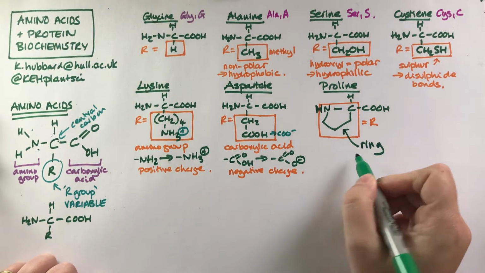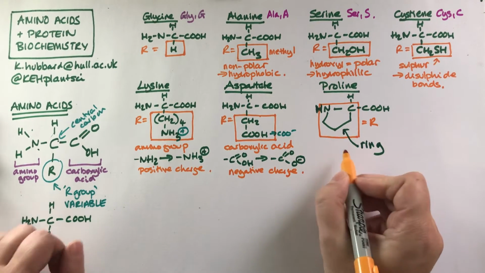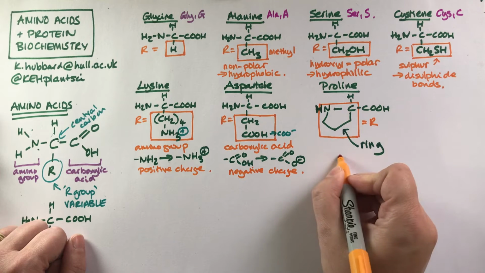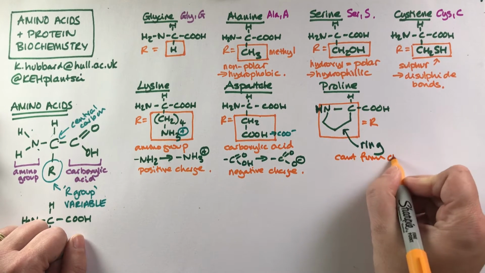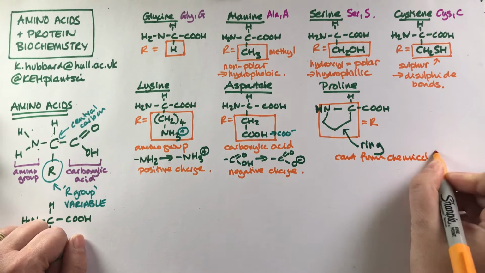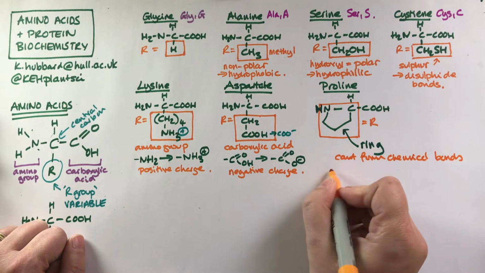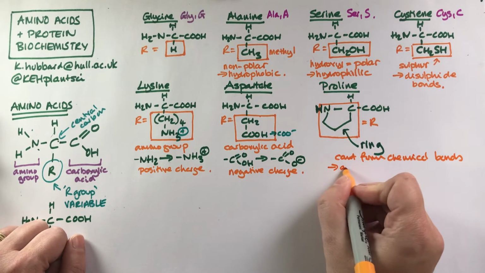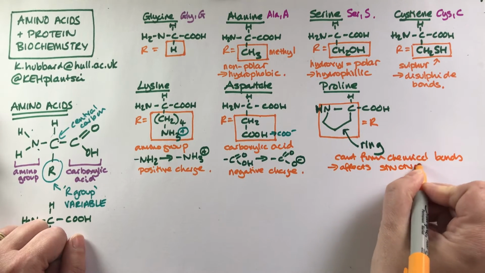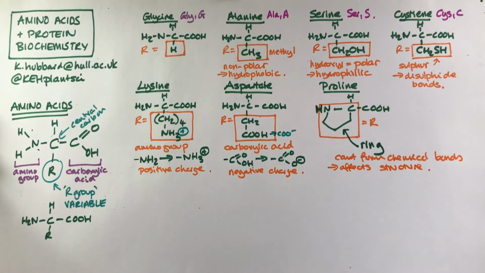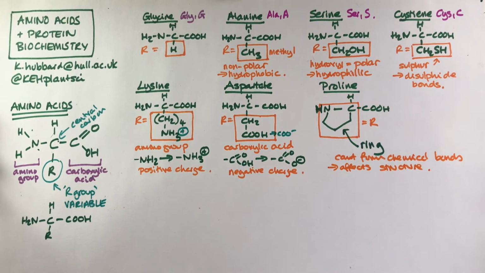So that is relatively chemically inert. It can't form chemical bonds. There's not really anything reactive in there, and it also affects the structure of a protein, where basically the other amino acids can point in different directions.